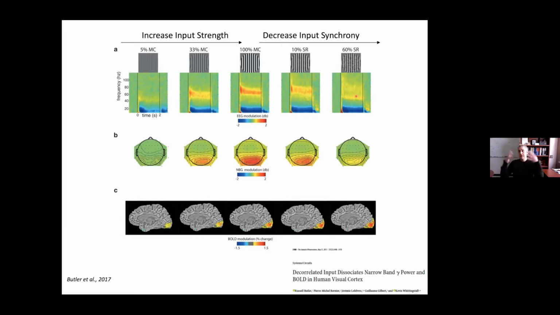So they don't sum to give a very large signal anymore, and so you see a decrease in the EEG signal. But for the BOLD, on the other hand, what we found is that the BOLD just kept responding with the same amplitude. So by simply changing a very basic characteristic of the visual stimulus, we could turn neurovascular coupling on or off in one brain area of a healthy human.